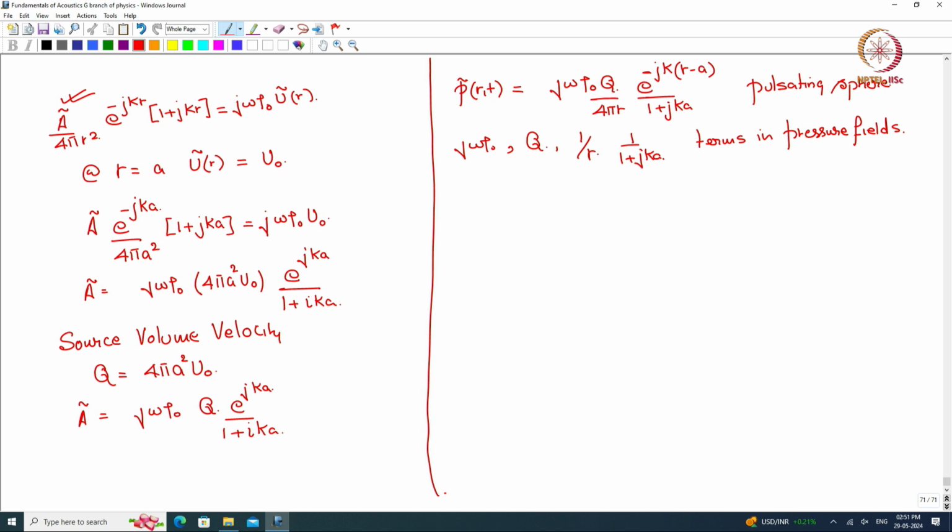Okay. So, now just so that we get some insight, if Ka is made very small, okay, so Ka is called the Helmholtz number.